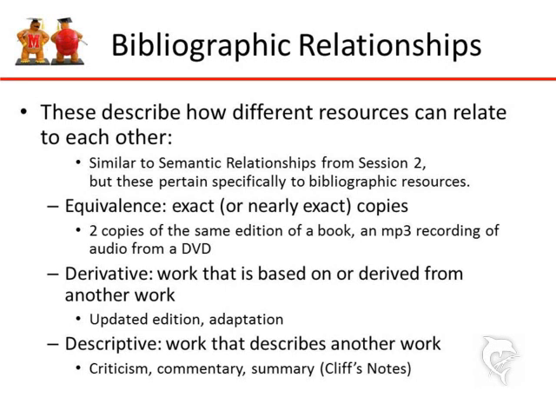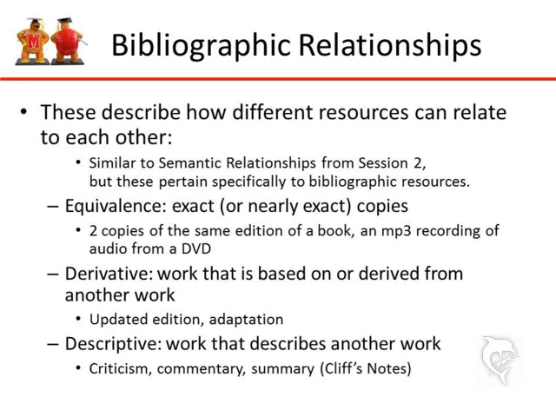Bibliographic relationships are similar to the semantic relationships we talked about very early on this semester, but these relationships pertain specifically to bibliographic resources, whereas semantic relationships can really exist just between concepts or anything. So an equivalence relationship is exact or near exact copies of the same thing.